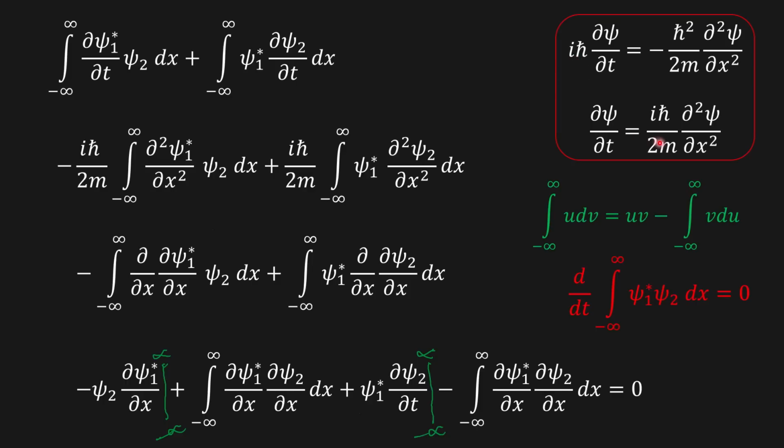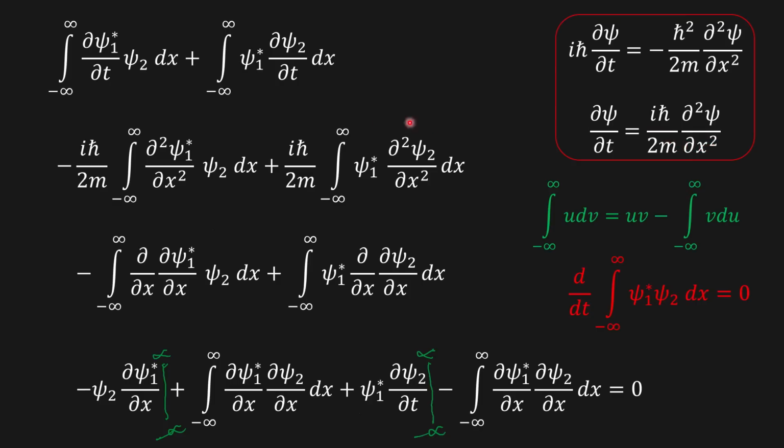If you bring this i h cross to the other side, it becomes minus i over h cross. Minus of minus becomes plus, and h cross cancels with one of the h cross in h cross squared. So this becomes i h cross over 2m times delta 2 psi over delta x2.